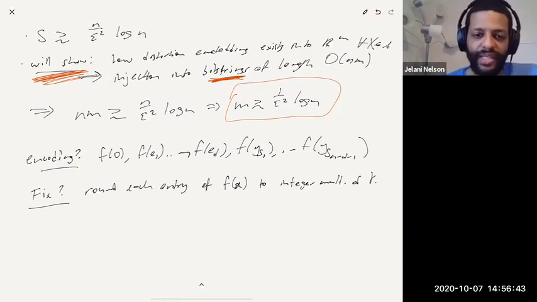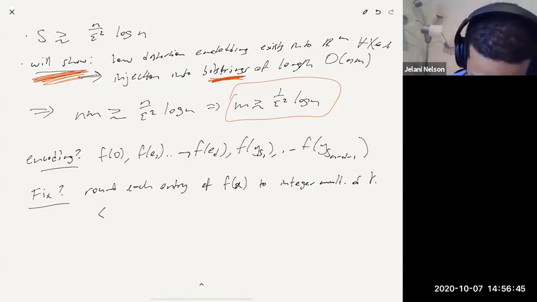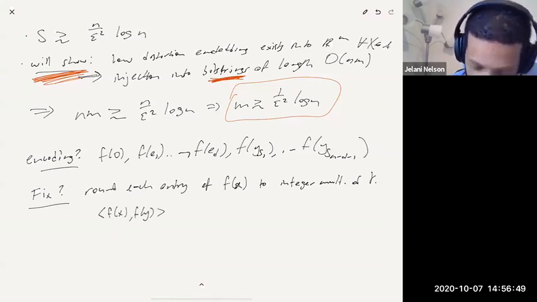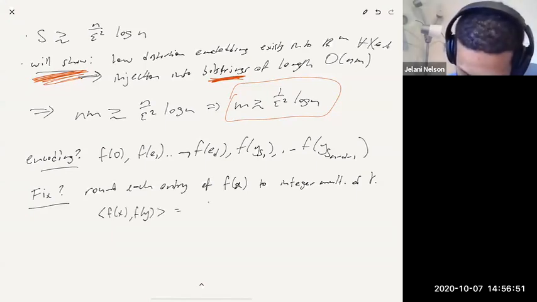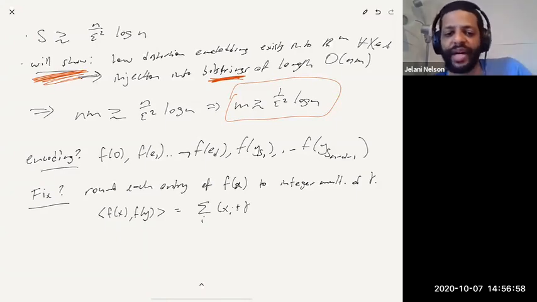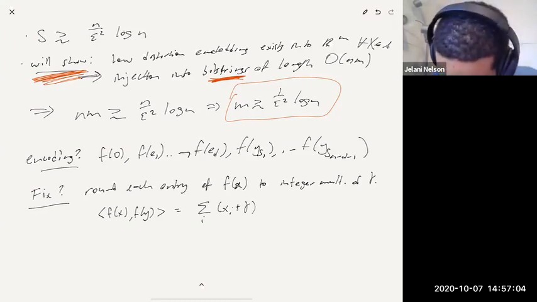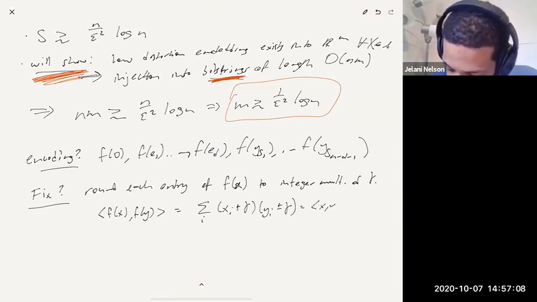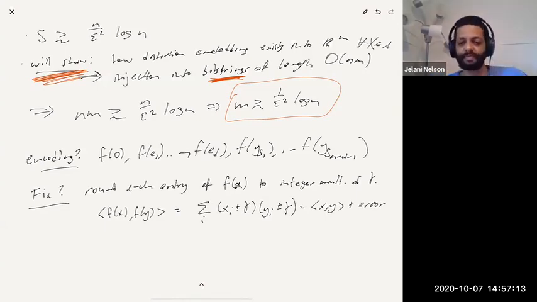Now the point is, if I look at f of x dotted with f of y, there's going to be some error, because this is equal to the sum over all i of xi plus or minus gamma times yi plus or minus gamma. When I round to the nearest multiple of gamma, I'm changing each entry by at most gamma. This is equal to x dot y plus some error because of the gammas.